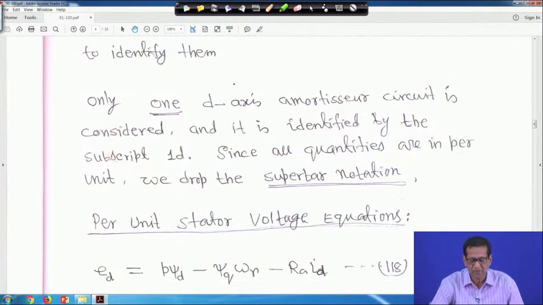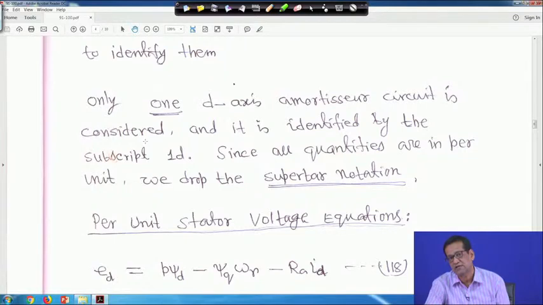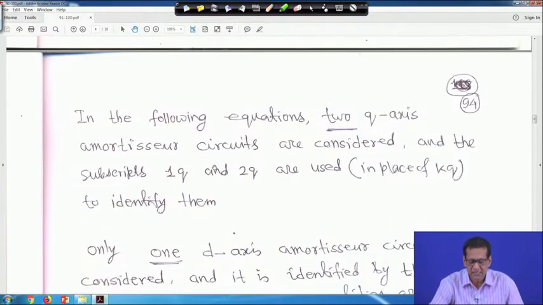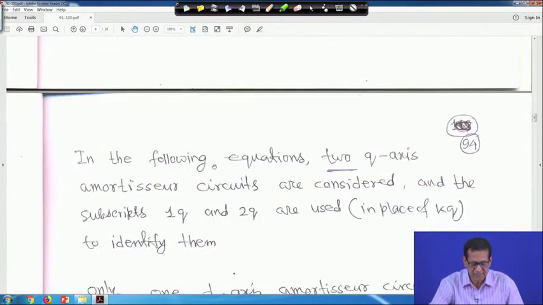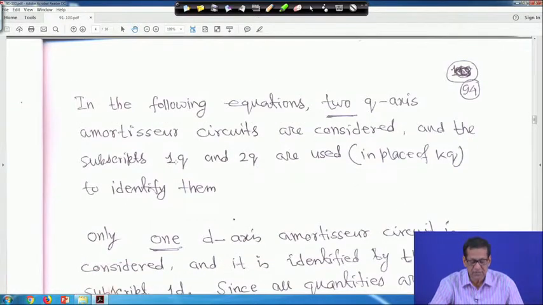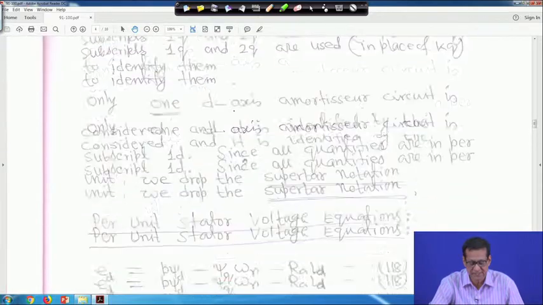Only one d-axis amortisseur circuit is considered, in that case k is equal to 1, and it is identified by the subscript 1d because it is kd, so k is equal to 1. Similarly on the q axis, k is equal to 1 so 1q, and k is equal to 2 so 2q. So two amortisseurs are considered on the q axis.